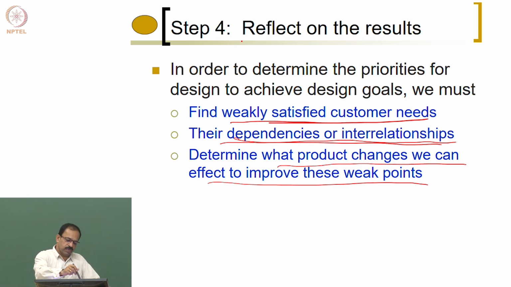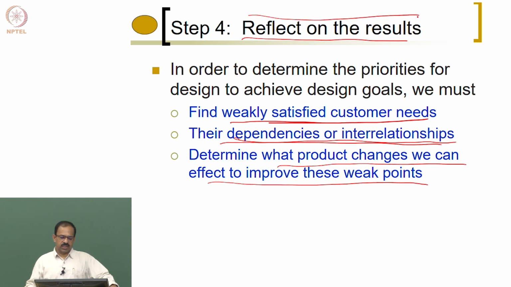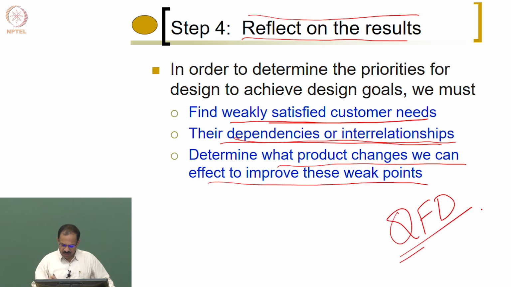We need to do this in a particular way, known as reflecting on the results, and we use some standard tools to do this, known as house of quality, or QFD, quality function deployment.